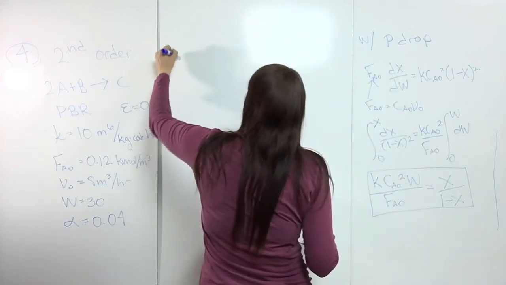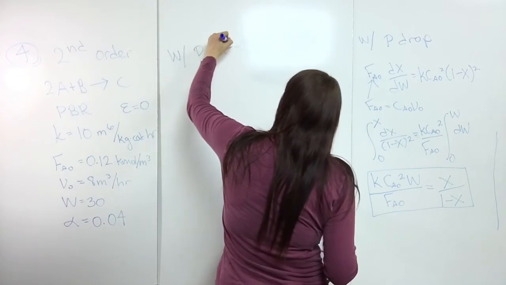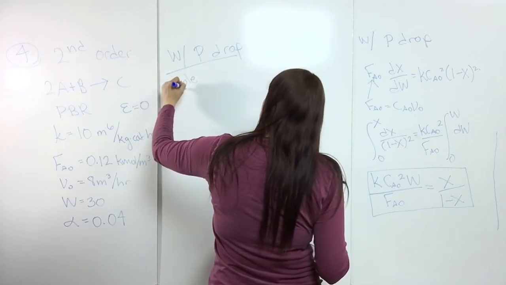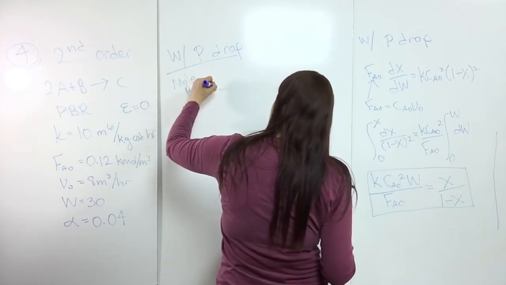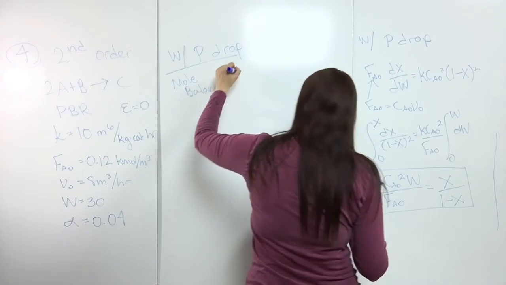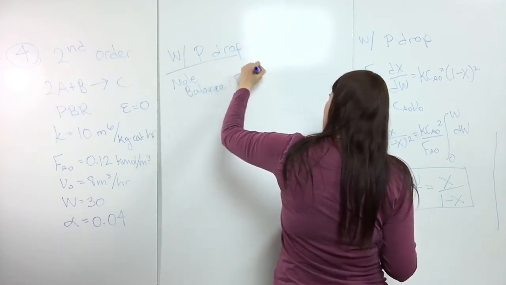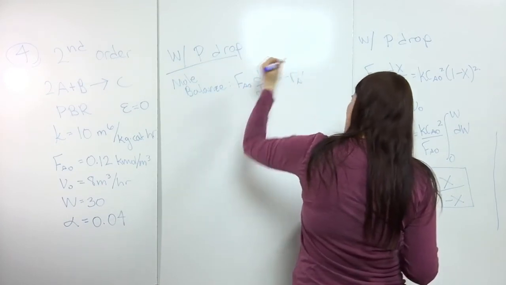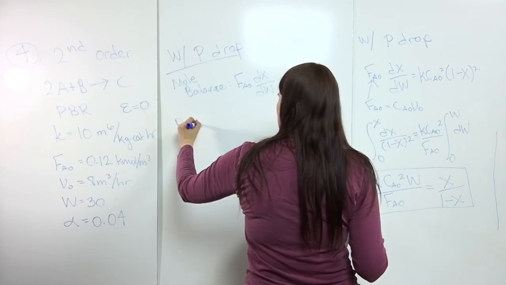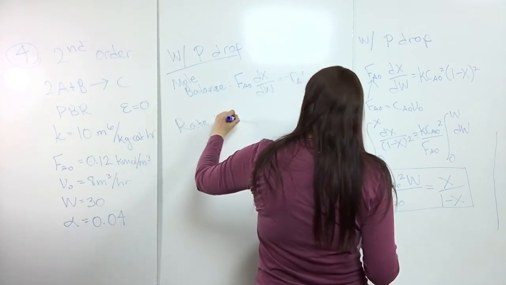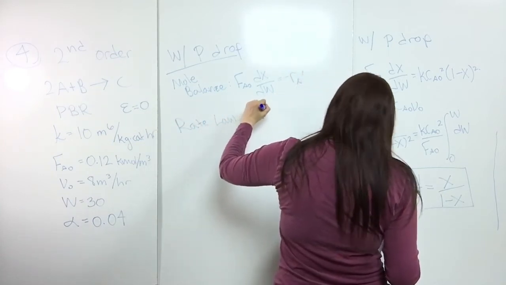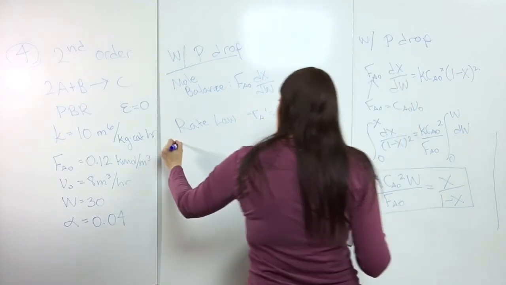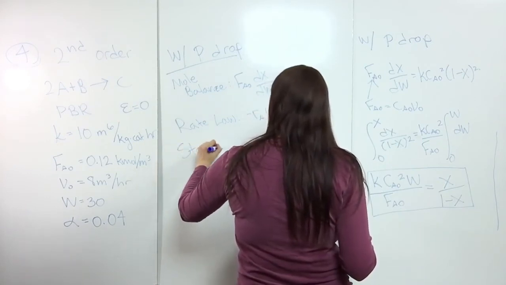So this is with pressure drop, and the mole balance is still the same, and that is FA naught dx over dw is equal to minus RA prime. The rate law is also the same. Minus RA prime is equal to K CA squared. And so where you see the change is in the stoichiometry.